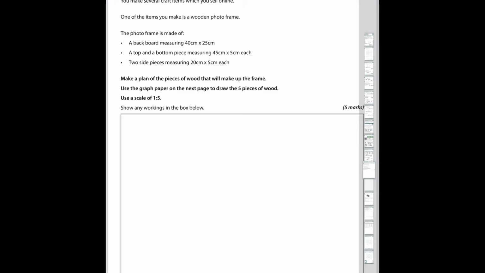The first thing we need to do, as we've got this scale of 1 to 5, is get these down to the scale that it wants. All we do is divide each one by 5. So 40 over 5 is 8 and 25 over 5 is 5, so we've got one backboard which is 8 by 5 centimetres.